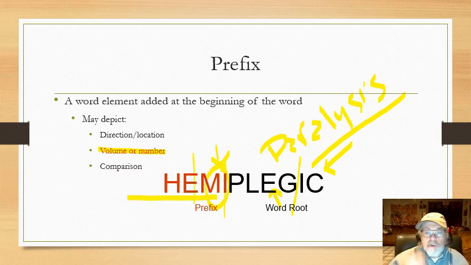So a person who is paralyzed in half their body would be called hemiplegic. So we've gone from mono, 1, to di and bi, which mean 2, to quadra, which means 4, to hemi, which means half.